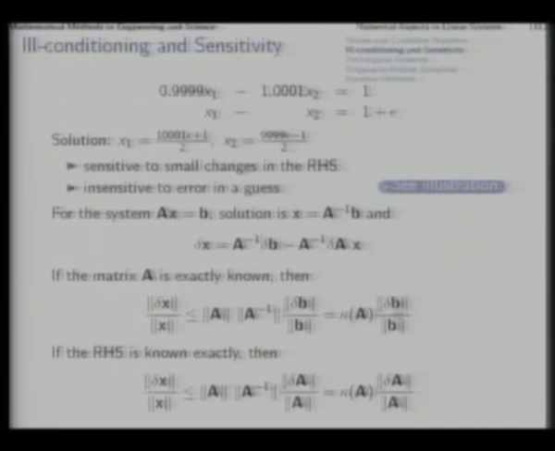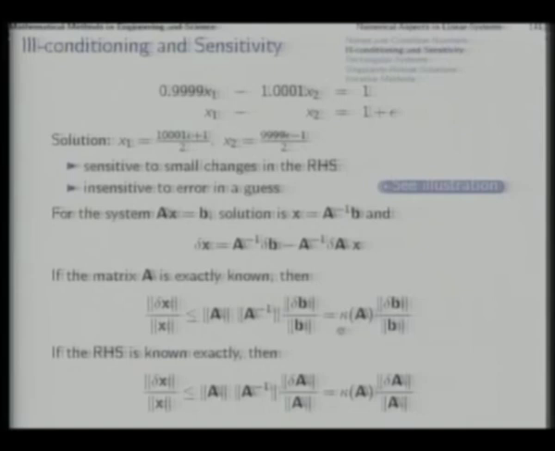That means we have this relationship: the fractional error in the result x is less than or equal to kappa times the fractional error in the right hand side.